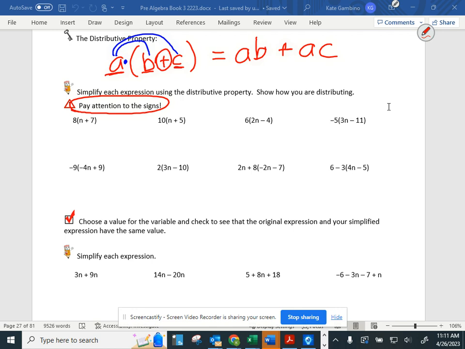So if we have 8, parentheses, n plus 7, we're going to multiply that 8 times the n. We're going to keep our operation the same. And then 8 times the 7. 8 times 7 is 56. So this is our final answer.